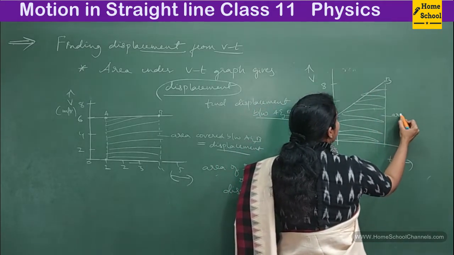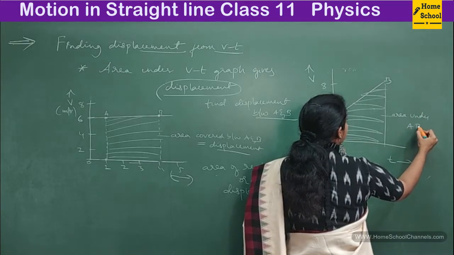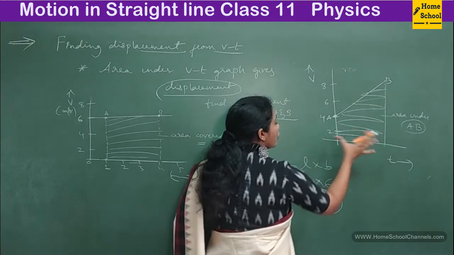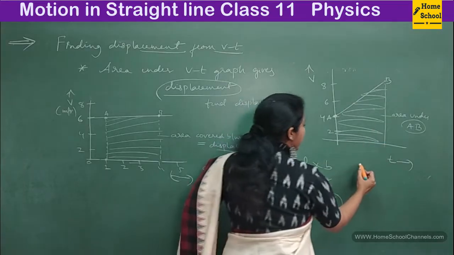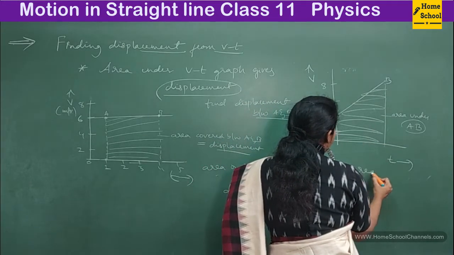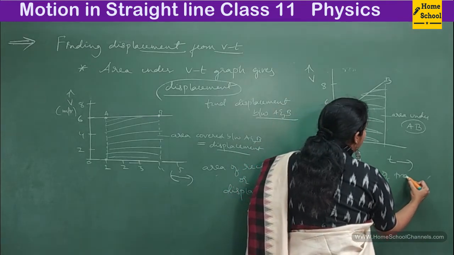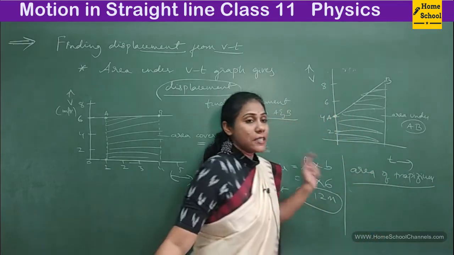So this area under AB is what you are going to find out. What is the shape, guys? It is a trapezium, right? So if you can find the area of the trapezium, then that itself is the value for displacement.